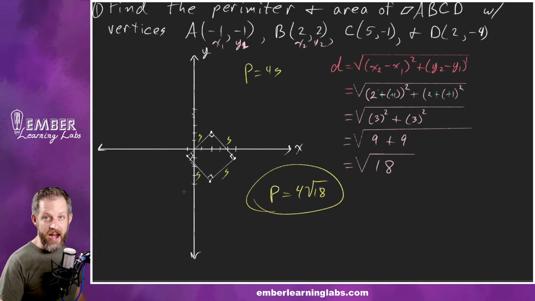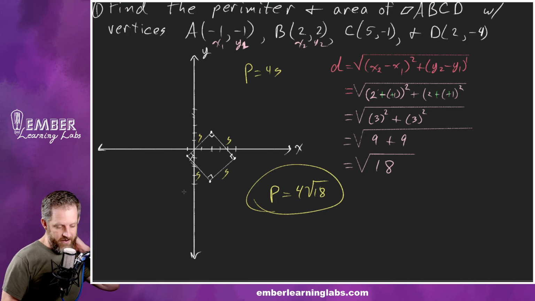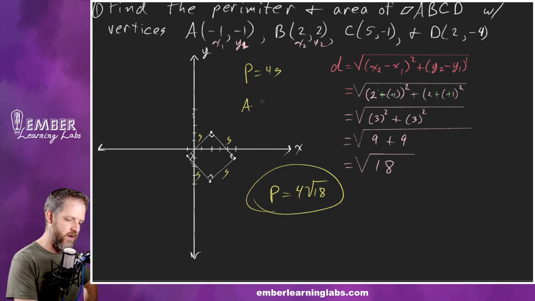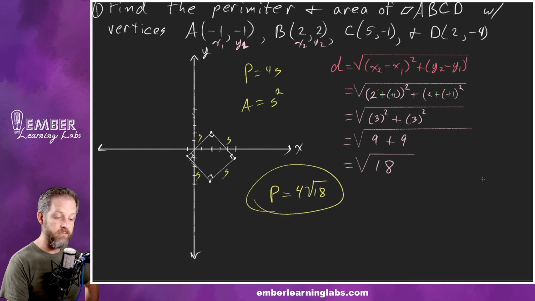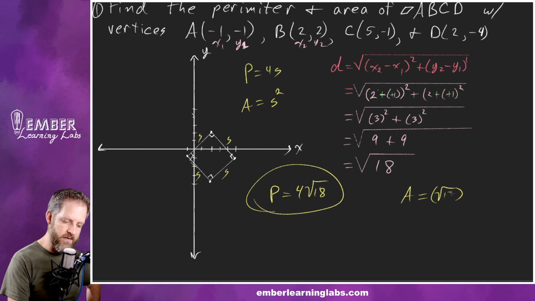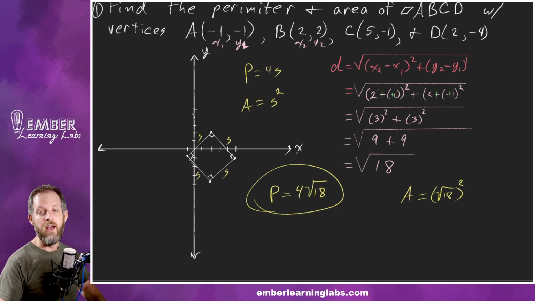The formula for the area of a square is side squared. So in this case, that would be area equals the square root of 18 squared. What happens to square and square root? They cancel.